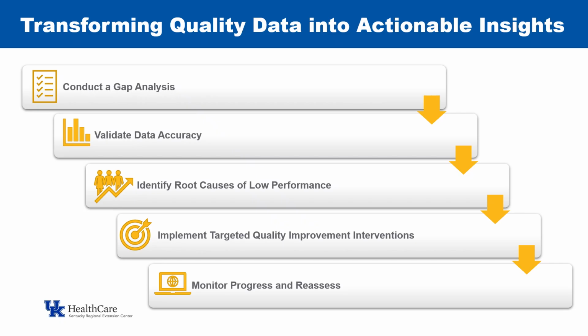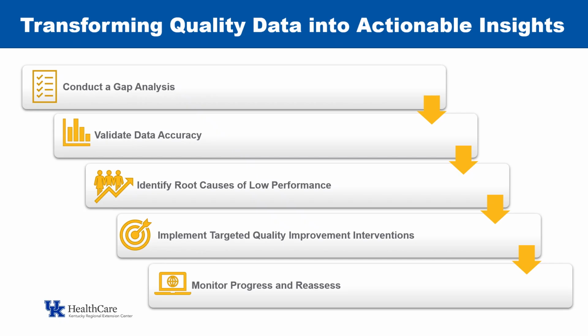Addressing data mapping errors between systems or vendors. And then make sure you look at those measure specifications, because those do get updated sometimes annually. So you want to make sure the CMS specifications are aligned with your EMR or vendor specifications.